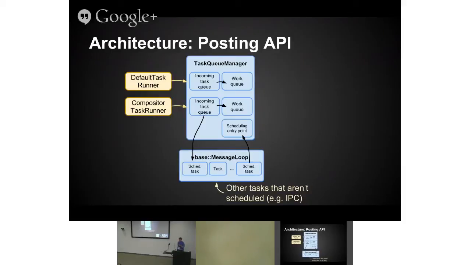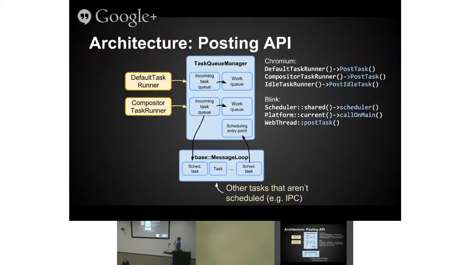The manager deals with posting itself to the message loop and then running a task when that comes back. It's also important to note that there are still other tasks running on the same thread that don't go through the scheduler, which haven't been hooked up. They're still going directly to the base message loop, and they're interleaved with the other work that we're doing.